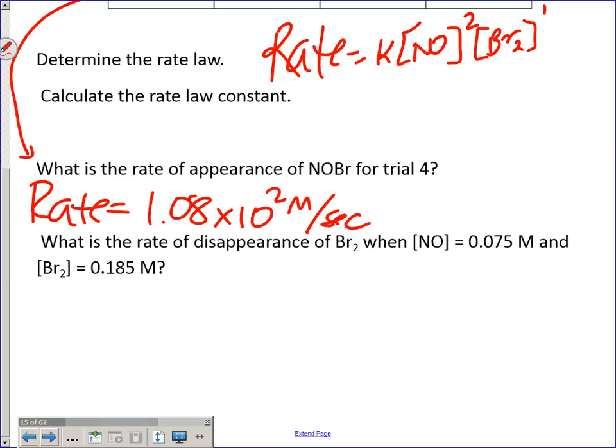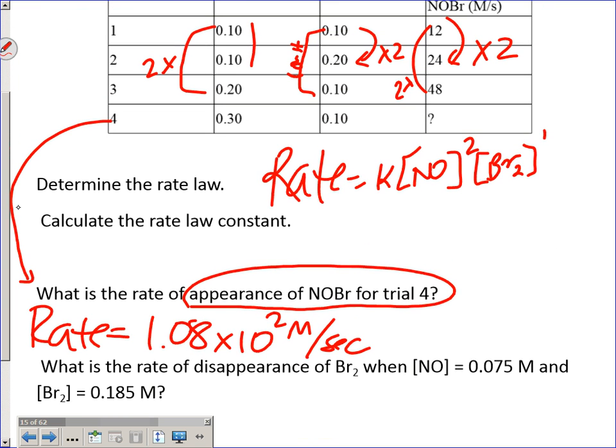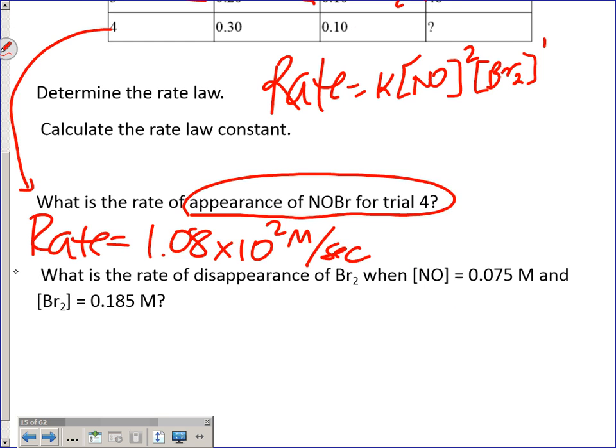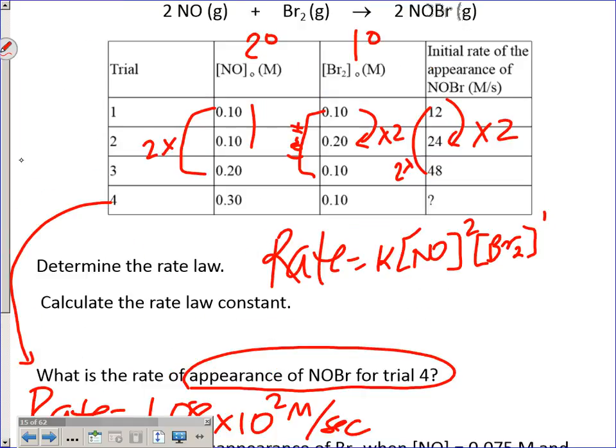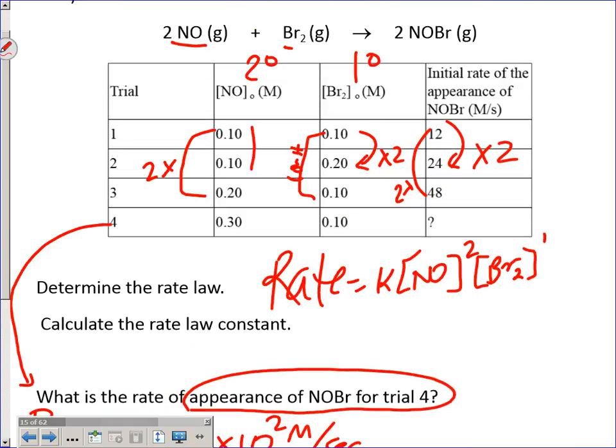How would I then find the rate of disappearance for Br2? Yeah, this is the appearance of NOBr. This is how this whole data table is spoken of. Because here's our reaction. This is a reactant, this is a reactant, this is the product. So the rate of appearance is from the perspective of a product appearing.